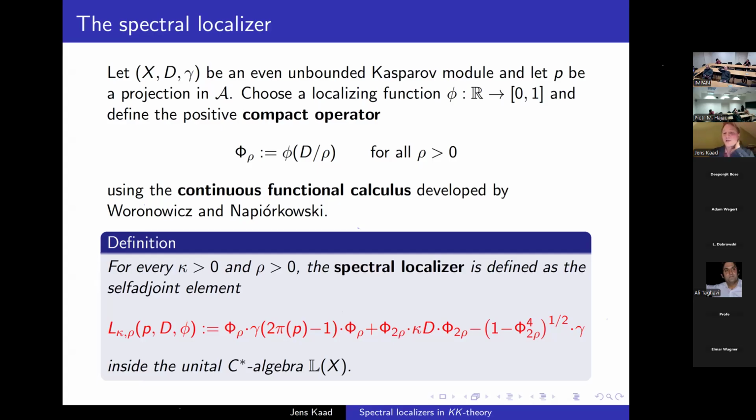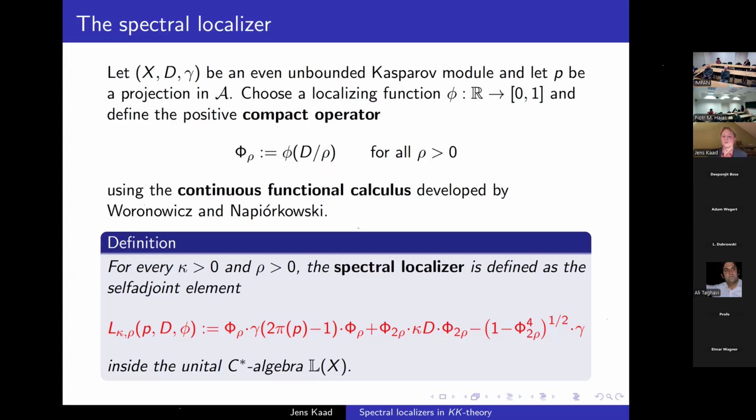And then there's a correction term in the end, which is also there because I'm using localizing functions instead of spectral projections. It is given by minus the square root of 1 minus capital phi 2 rho to the fourth times the grading operator gamma. So this is the spectral localizer in the case of an unbounded Kasparov module and a projection P belonging to the coordinate algebra.